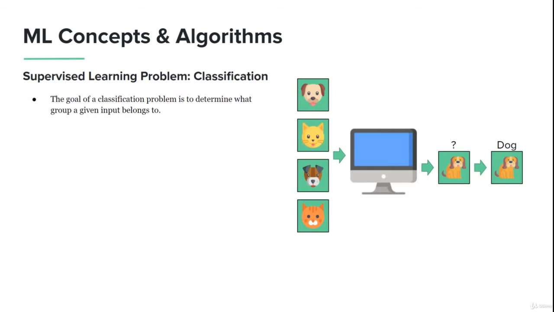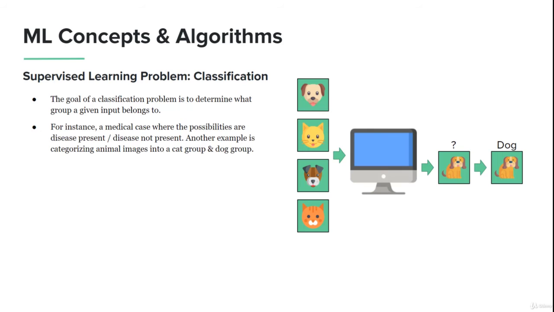Now let's go to the supervised learning problem, which is classification. The goal of a classification problem is to determine what group a given input belongs to. We can see here on the right-hand side some images of a couple dogs and a couple cats.